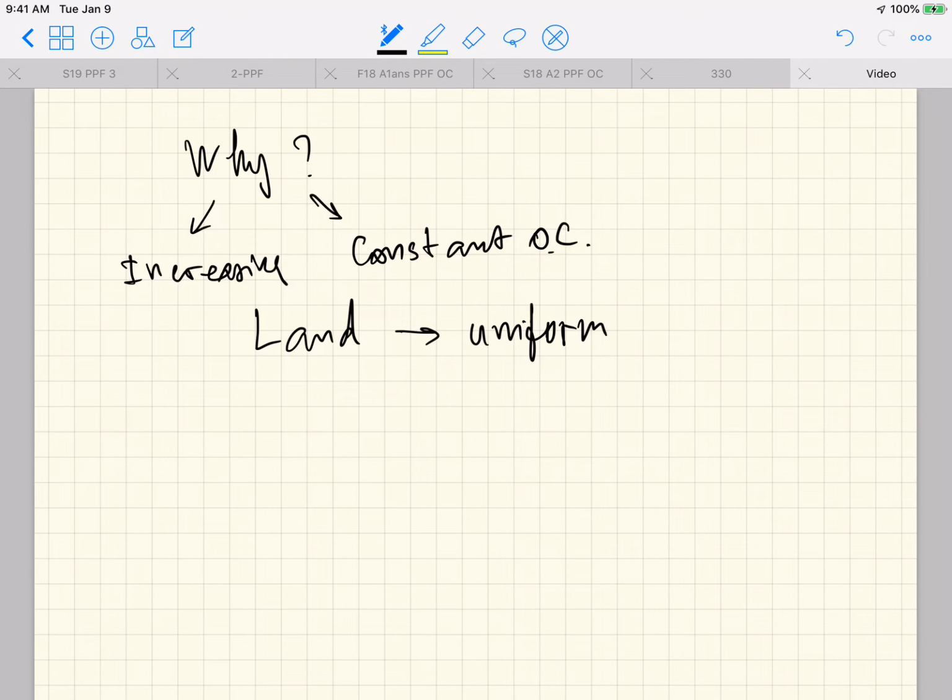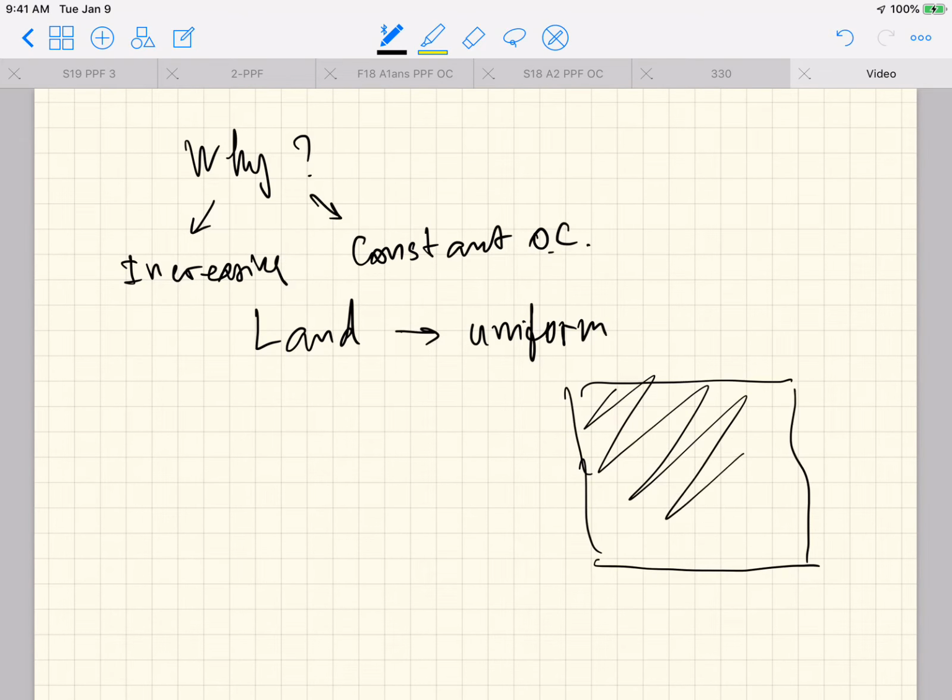It's all like grassy, nice area. Then you'll have constant opportunity cost, at least if you think in terms of producing agricultural stuff versus doing something industrial. So let's say you have this piece of land, and you can either grow stuff here, or you can build some shops.